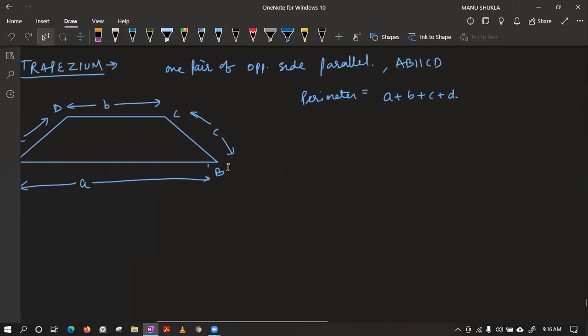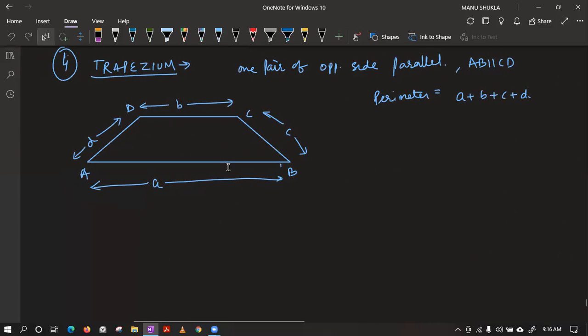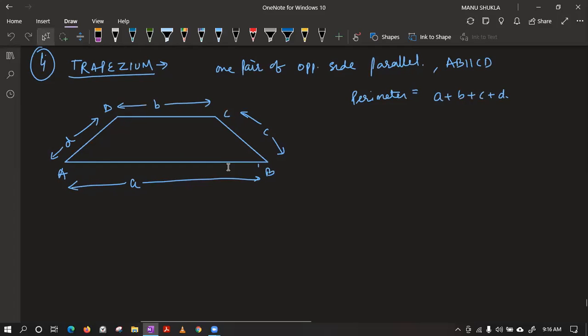Okay. Now let's complete the formula and then we will end the class. The perimeter we have done. Anyone who knows the area of trapezium? For that we require a height also. If this is the height DE, let me call it H. No, Harshul, it is different.